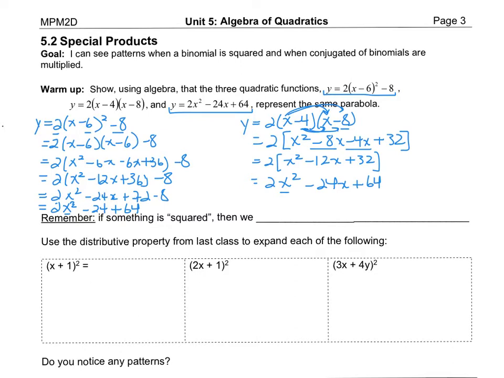Now, remember, if something is squared, then we, be nice, write it out twice. We multiply it by itself. So we're just multiplying the binomial by itself. So when we have this, we're going to be nice and write this x plus 1 out twice. x plus 1 times x plus 1.